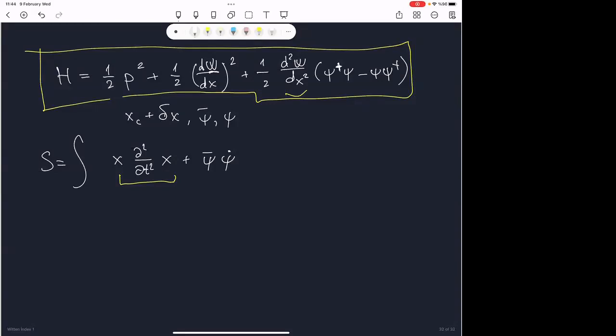So it's quite a lot of computation, so I don't really want to do all the stuff. What you need to do is plug in everywhere, instead of x, x critical plus delta x, and then Taylor expand everything. That's the whole point.